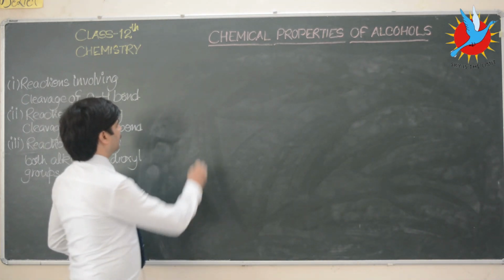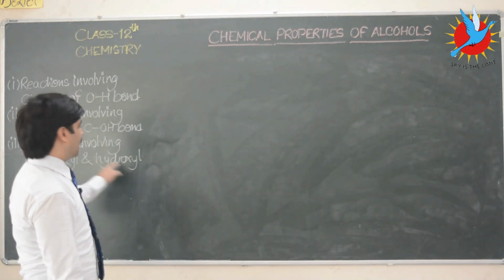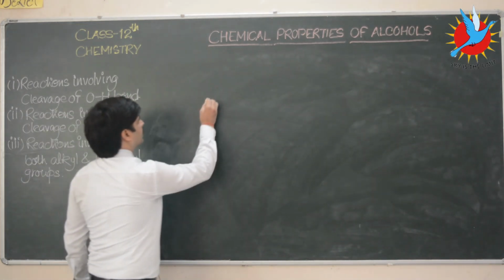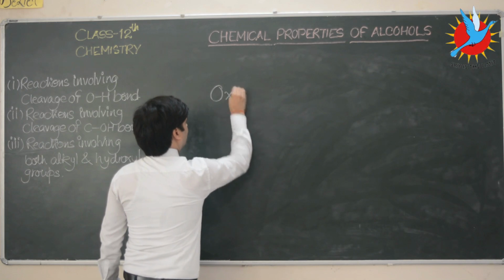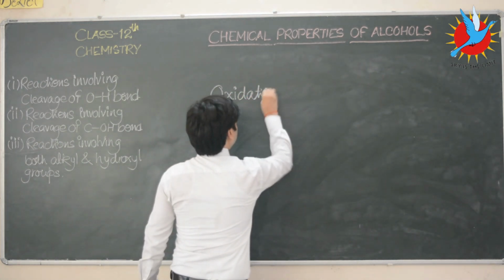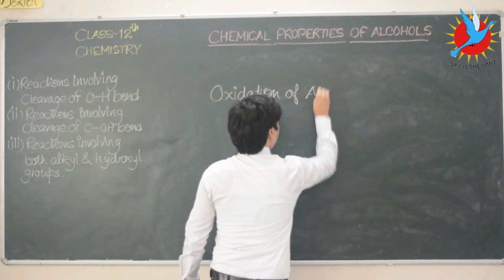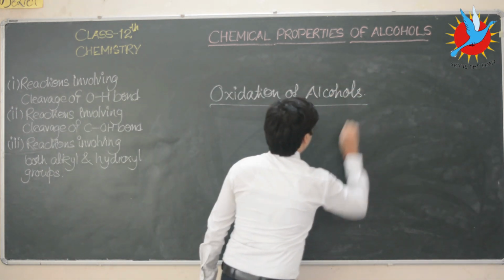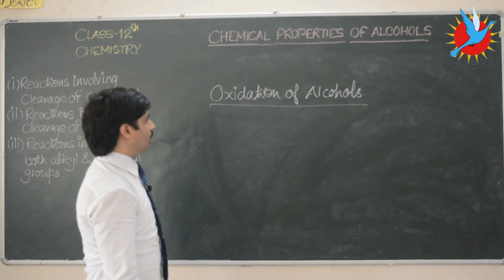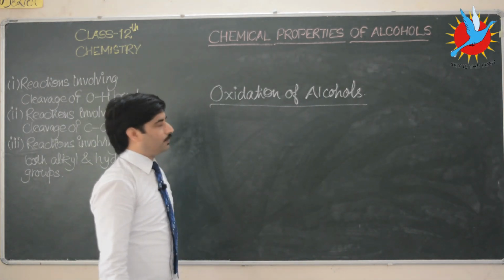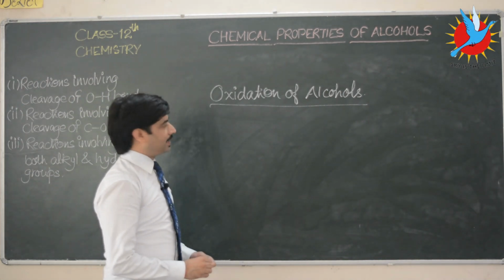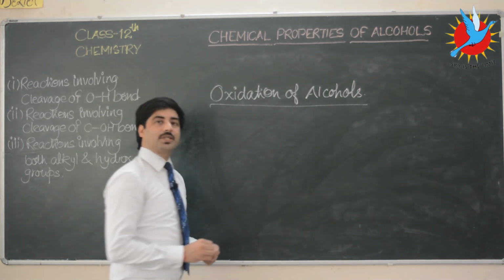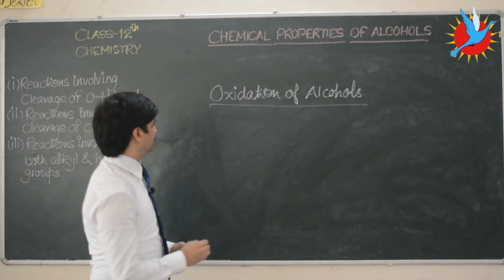Now the next reaction in which both alkyl as well as hydroxyl groups participate is oxidation of alcohol. The products of oxidation of alcohols will be either aldehyde or ketone, which upon further oxidation will form carboxylic acid.